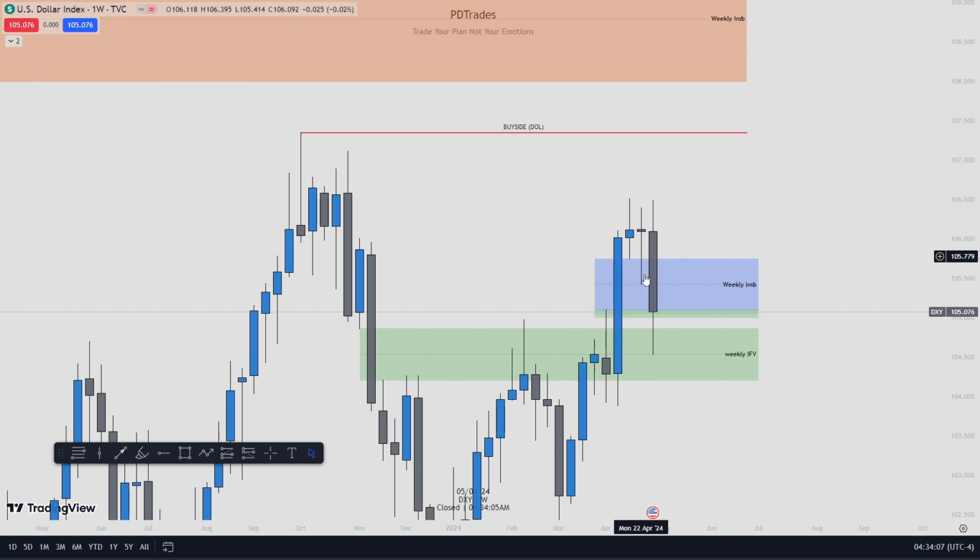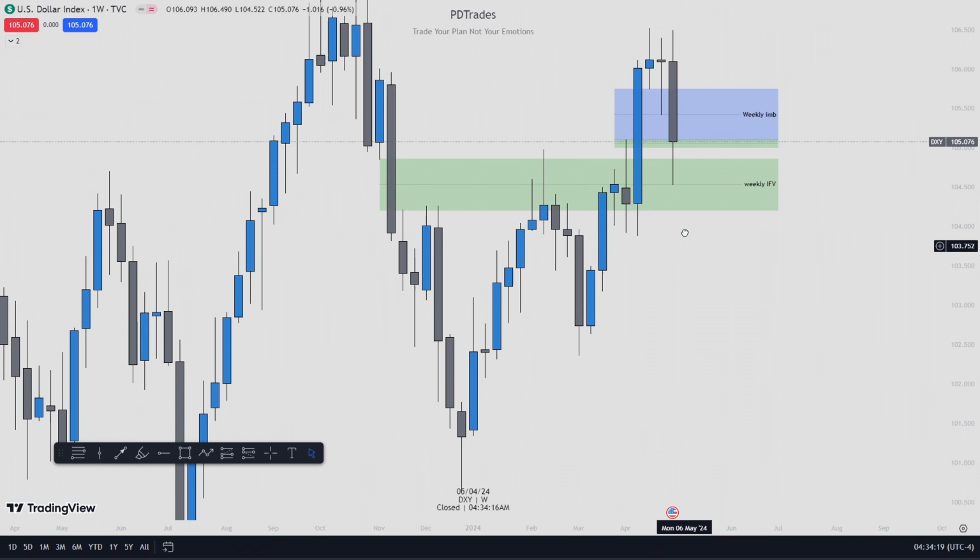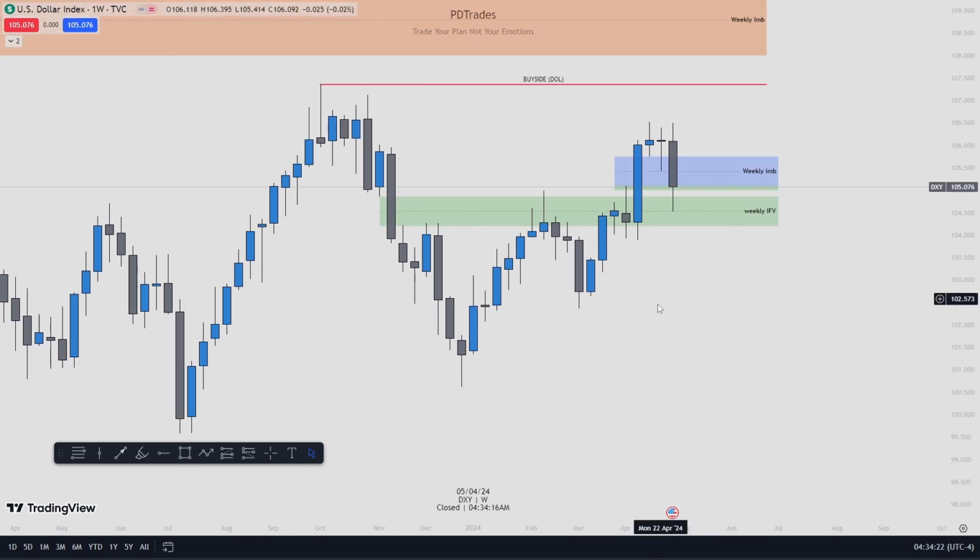So currently I know that the market has been bullish, right? It made a high, retraced into this order block, broke this high, right? The rejection is inside this order block as well.